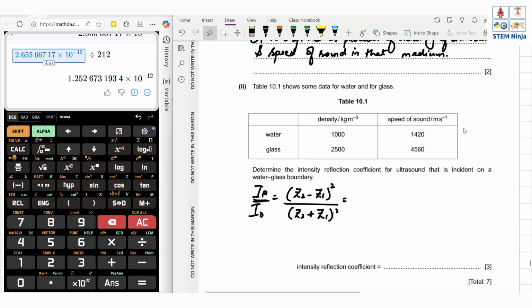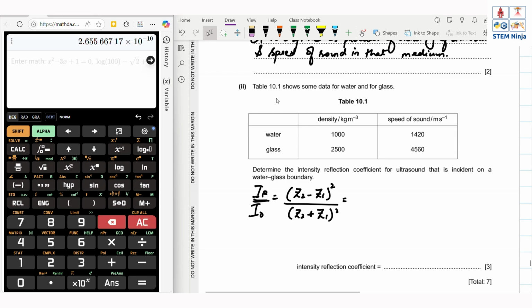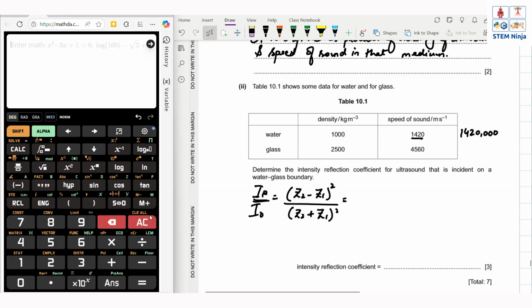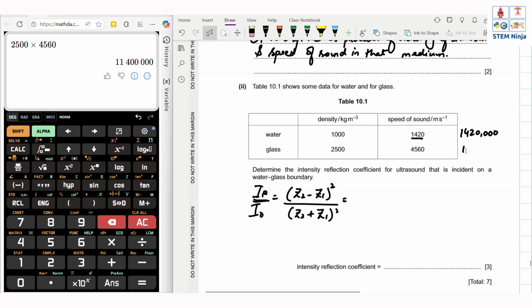So we can find the respective Z values: 1420000, and then 2500 times 4560, so we have 11,400,000.